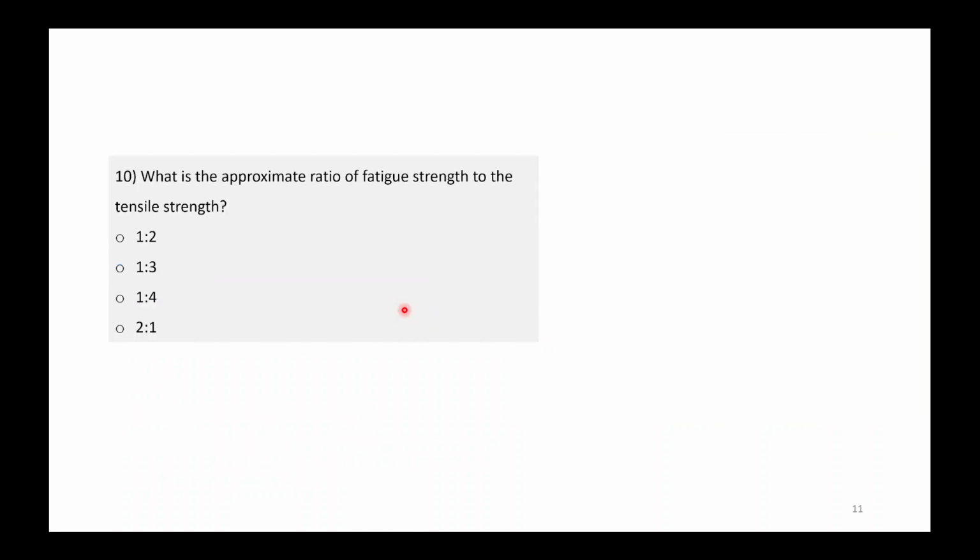Question 10. What is the approximate ratio of fatigue strength to the tensile strength? Your options are 1:2, 1:3, 1:4 or 2:1. The answer will be 1:2.